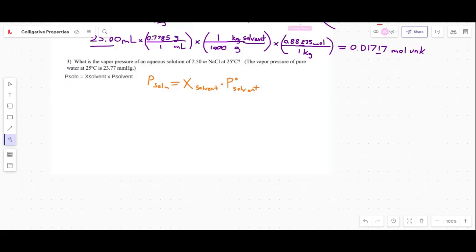So the big concept when solving these vapor pressure problems, we just have to keep in mind, is the mole fraction.